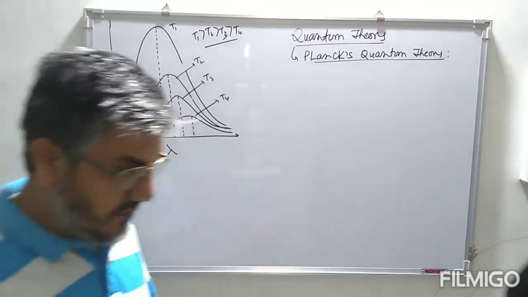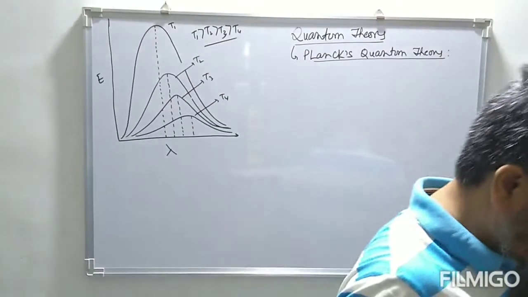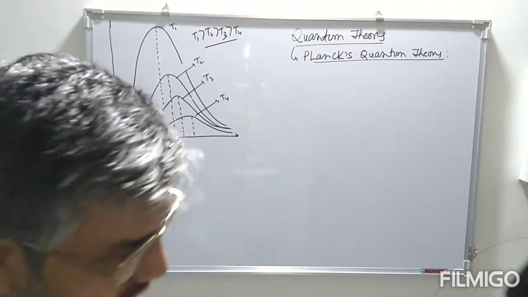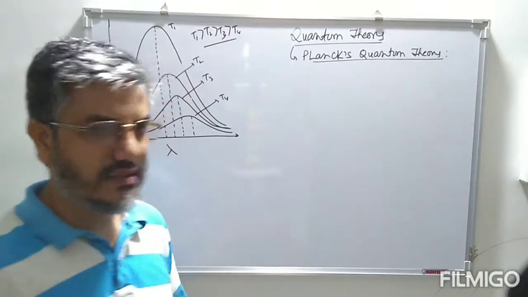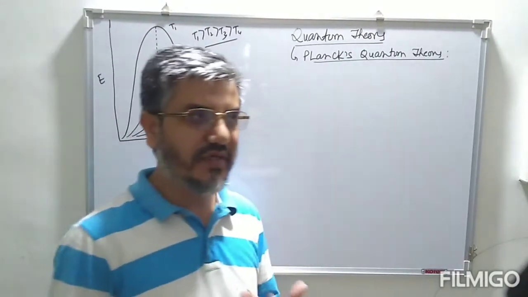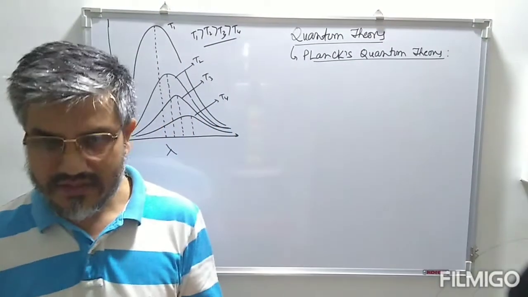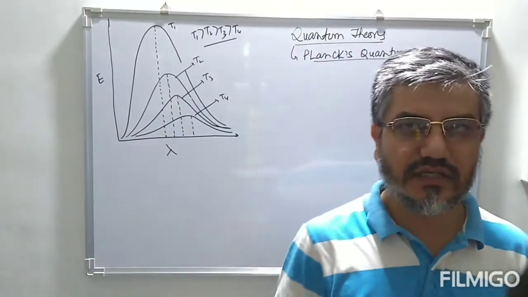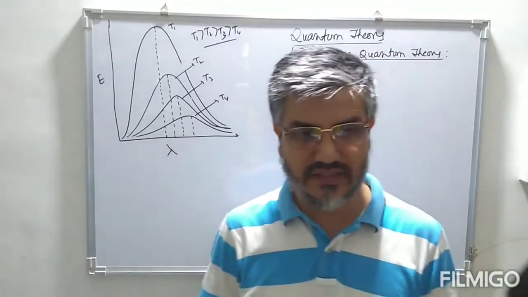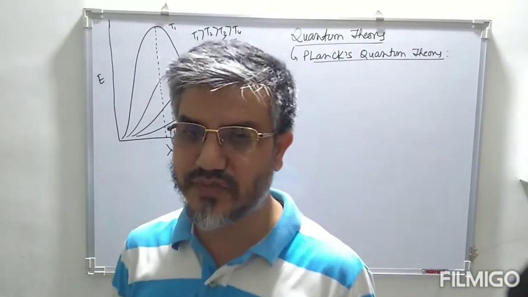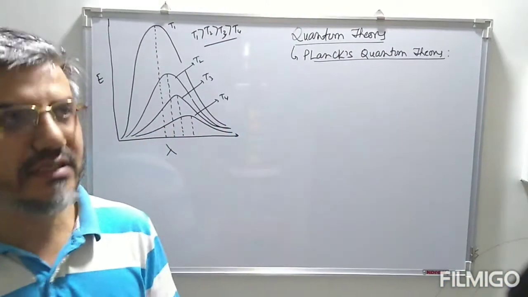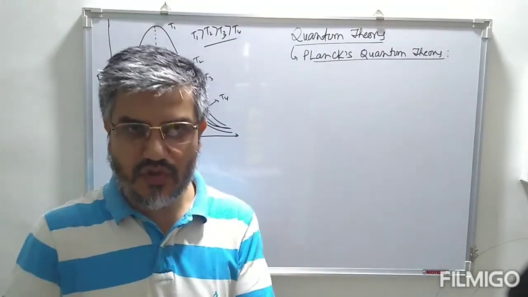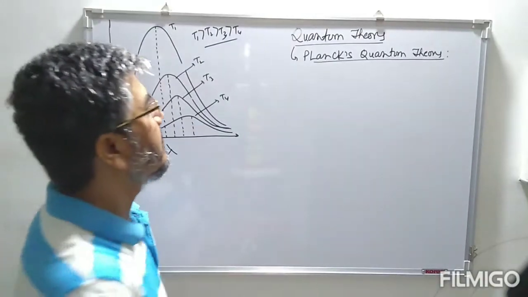Planck's quantum theory says when a substance absorbs or emits radiation, this absorption or emission cannot be a continuous process. This must be a discontinuous process in the form of discrete particles, that is, small packets of energy.